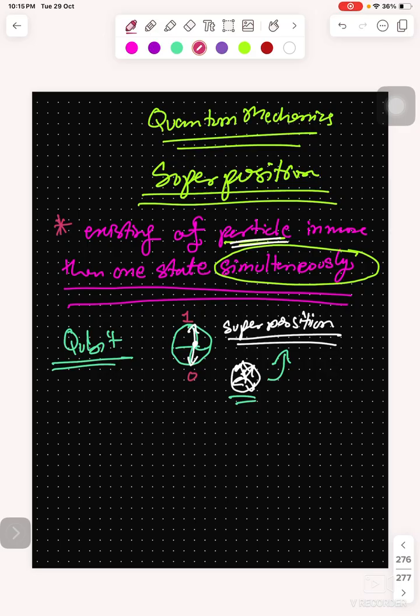Let's suppose you throw a dart and there is a bullseye. What do you call this? Hitting board.